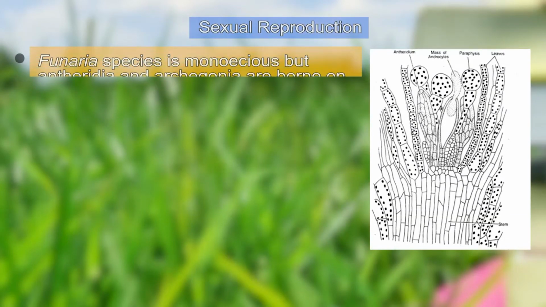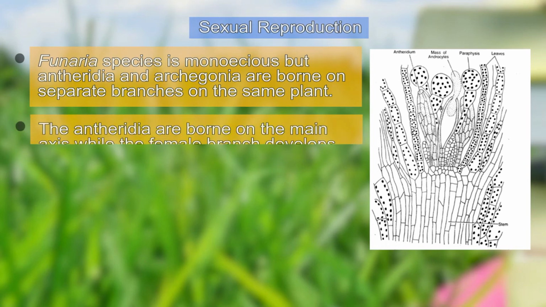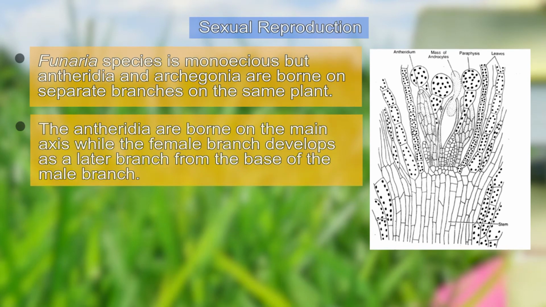It is basically monoecious in Funaria, that is Antheridia and Archegonia are borne on the same plant, but they arise on different branches on the same plant. The Antheridia are borne on the main axis, while the female branch develops as a later branch from below the base of the male branch.